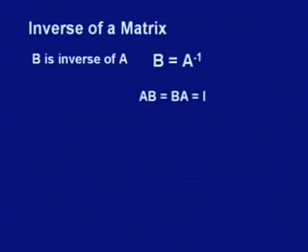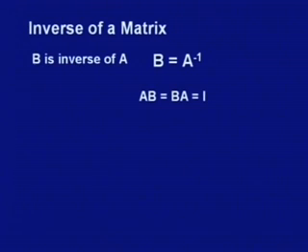Then, another important concept in matrices is the inverse of a matrix. We have already defined the additive inverse. That means, if I have a matrix A, then the matrix B is called the additive inverse of A if the sum A plus B is the additive identity, which is 0.